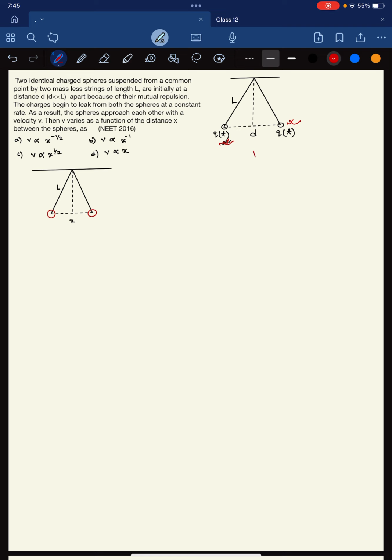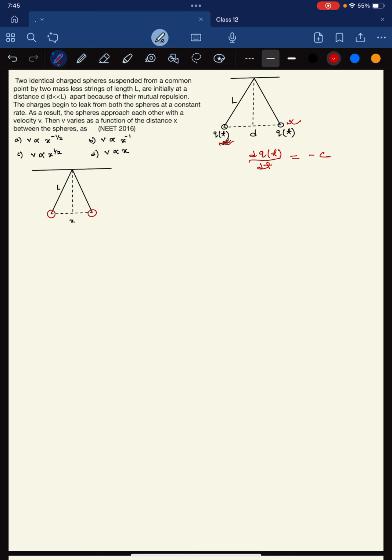That means dq/dt is constant. So I am writing minus c, because it is decreasing at a constant rate. c is a constant, so the rate of change of the charge is constant and it is decreasing. That's why this negative sign.